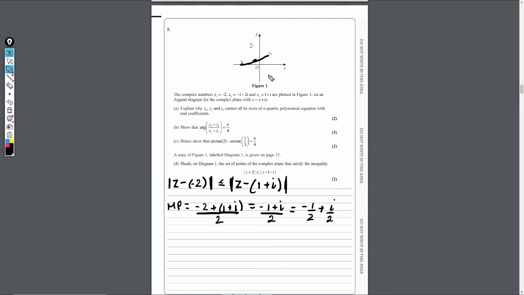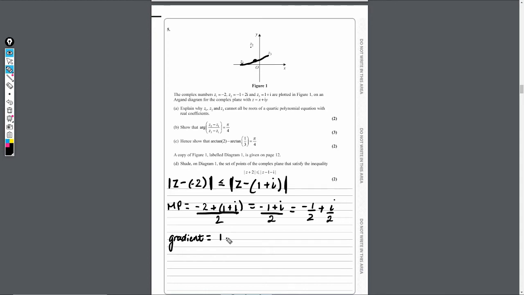Now we can work out the gradient. That's going to be the gradient formula, y2 minus y1 over x2 minus x1. So I'm going to do z3, which is my 1 coordinate there, because it's 1 unit up, plus i.